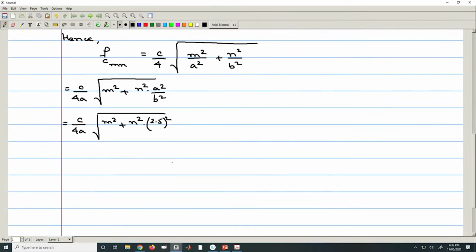Now, substituting the values, we have c, 3 multiplied by 10 to the power 8 upon 4a. So, a is 2.5 centimeter, so 2.5 times 10 to the power minus 2, root over of m square plus 6.25 n square.